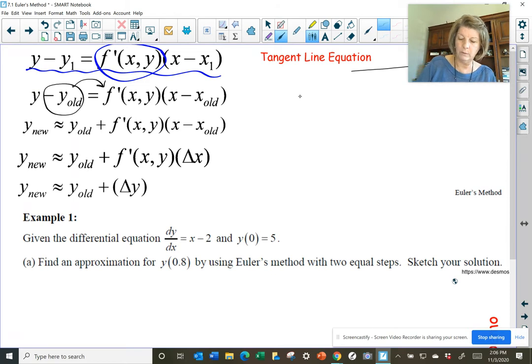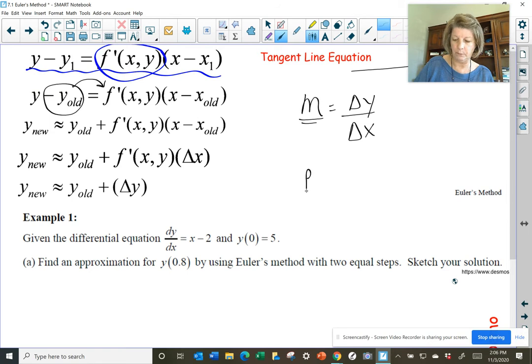Well, think about slope. Let's just go back to 7th grade. Your teacher told you the slope was equal to the change of y's over the change of x's. And then we got into Calc AB, and we found a new way of getting slope precisely at a point, and we called it our f prime, didn't we? So f prime was basically our slope, only over very, very small quantities, a very, very small change of x.